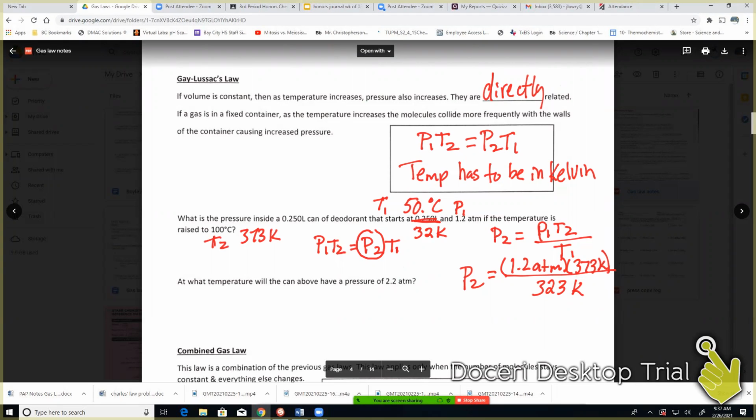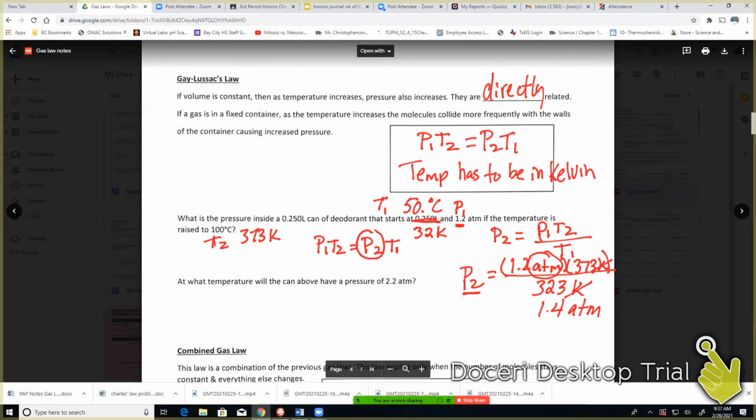This 1.2 atmosphere is going to control my sig figs. It has the least number, so my answer can only have 2 sig figs. Kelvin canceled out. The unit I'm left with is atmospheres, which makes sense because I'm trying to find a pressure. So I got 1.4 atm.